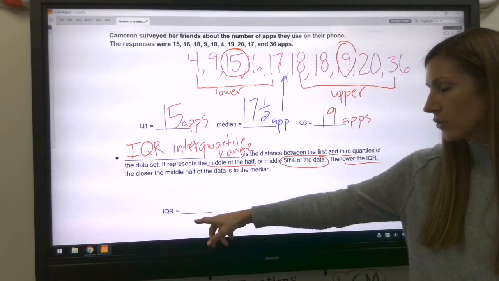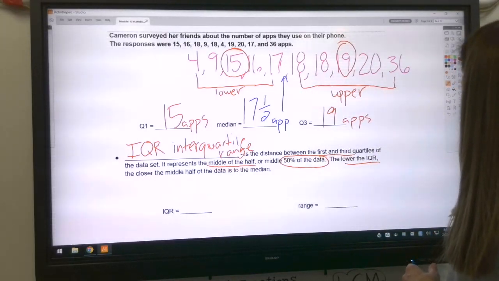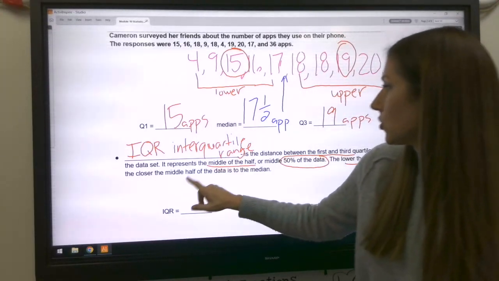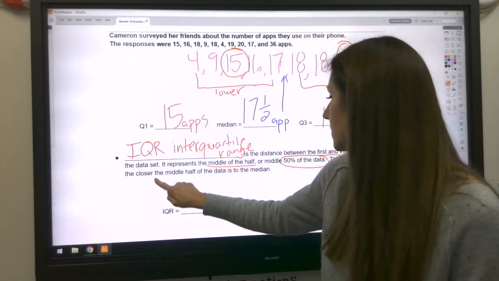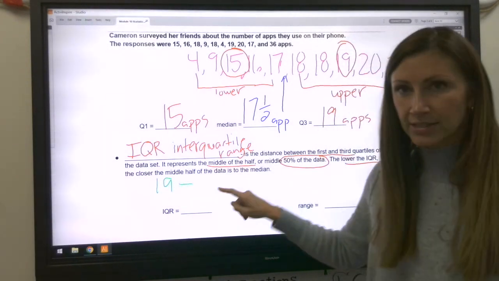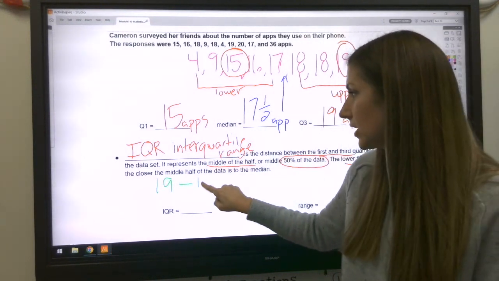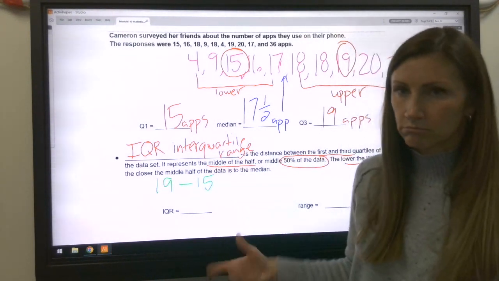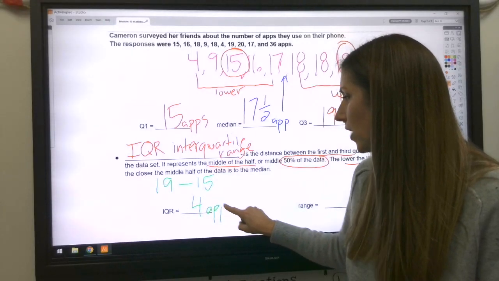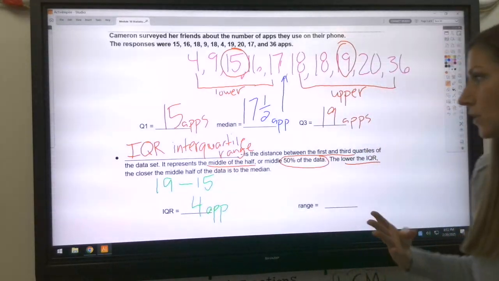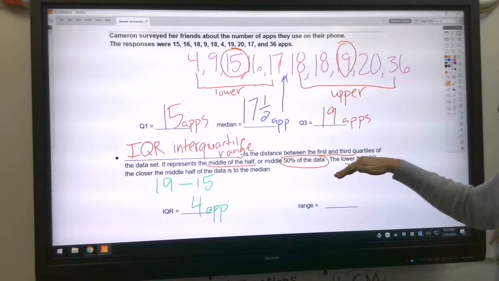To find the interquartile range, I'm going to do this in green. You take your quartile 3, which is in this case 19, and subtract your quartile 1, 15, and you get 4. So your interquartile range is 4 apps. Let's go back to that wordy statement.